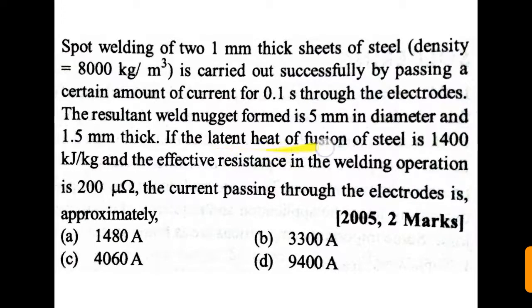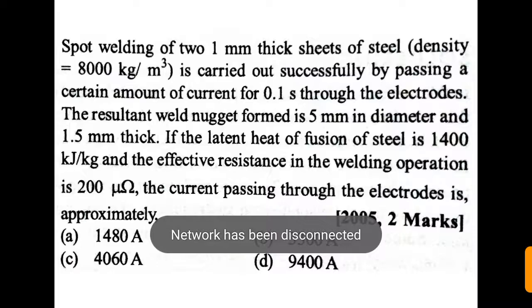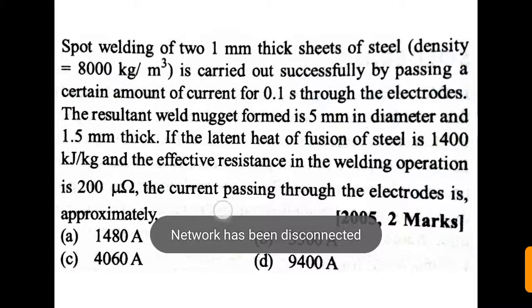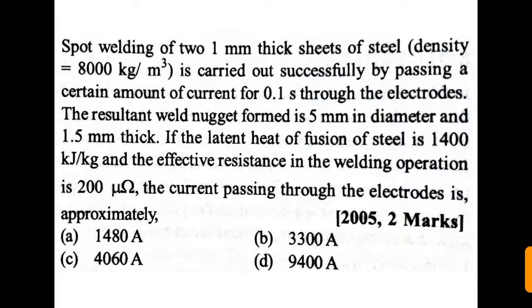If the latent heat of fusion of steel is 1400 kilojoule per kg and the effective resistance in the welding operation is 200 microohm, the current passing through the electrode is approximately. So we have to calculate the current passing through the electrodes.